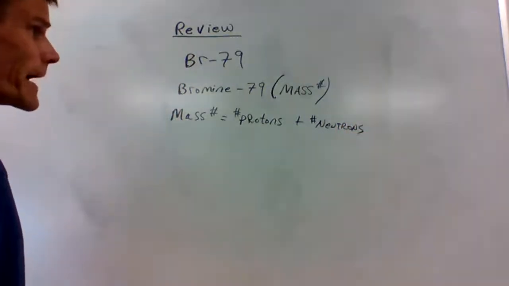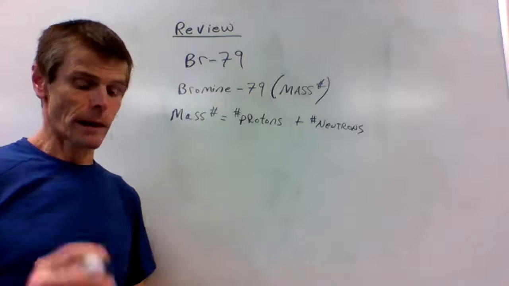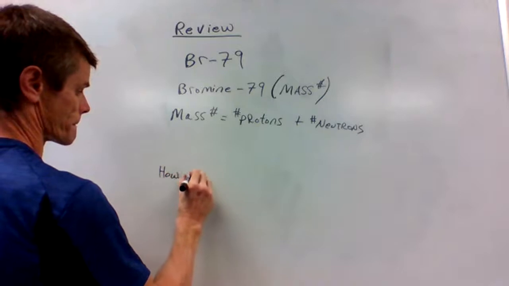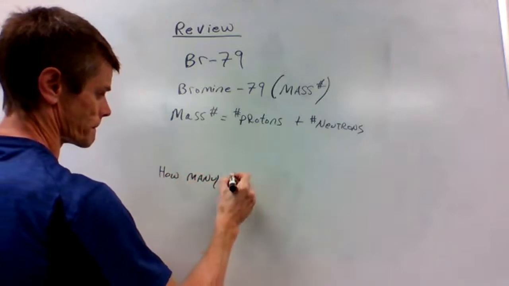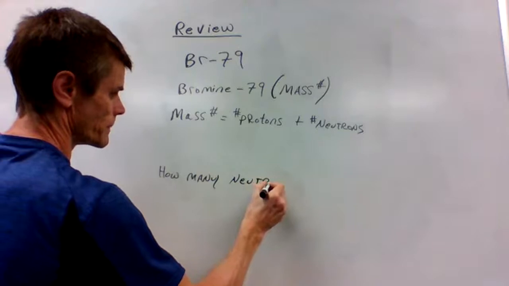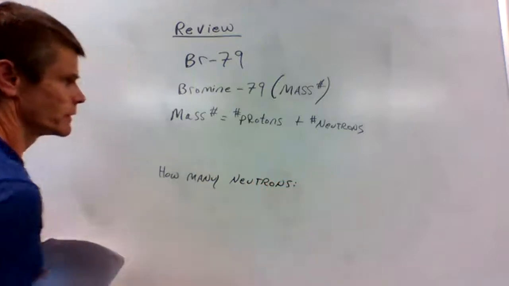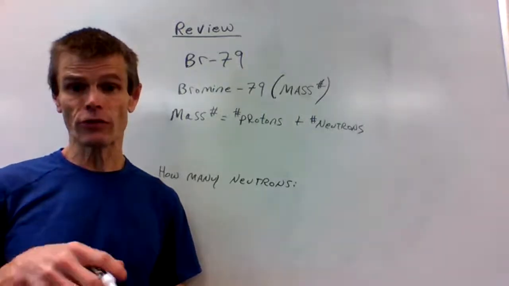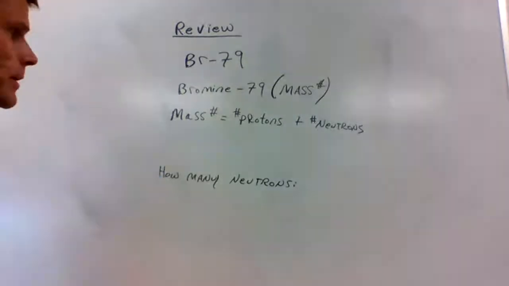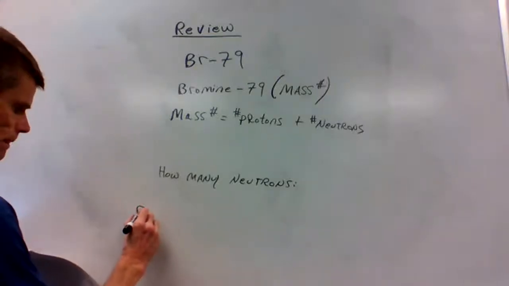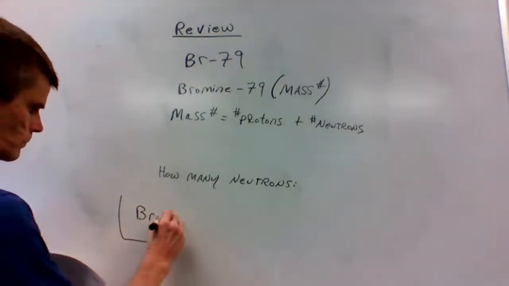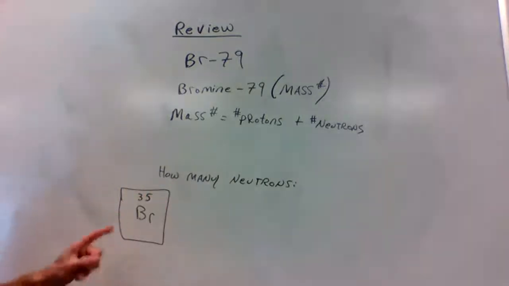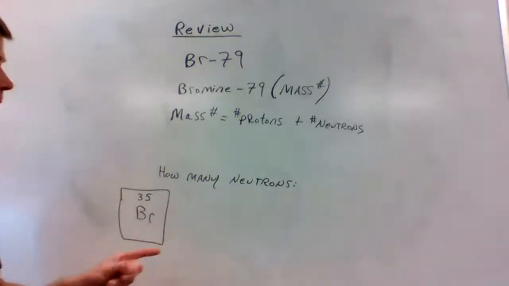So this question that I asked in this review section, how many neutrons does this nucleus have? In other words, how many neutrons are in the nucleus of bromine 79? Well, again, we would need to use the periodic table. If we looked at the periodic table, we would see that there's a whole number, 35, listed on bromine in the periodic table.